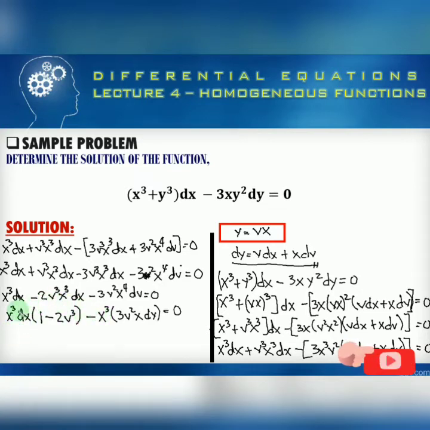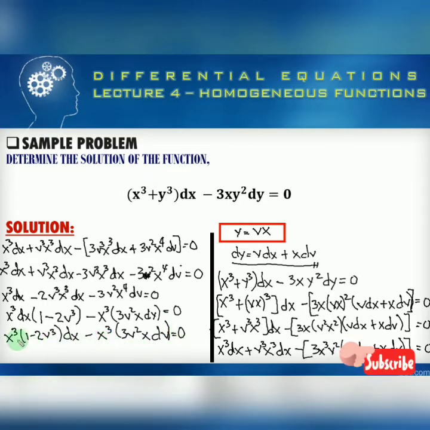After extracting this x cubed, we may rewrite this one in this form: x cubed times 1 minus 2b cubed dx, minus x cubed times the quantity 3b squared x, and this is db, is equal now to 0.